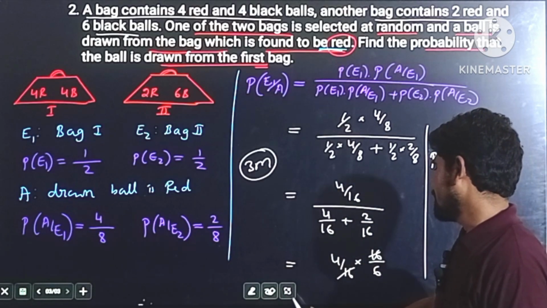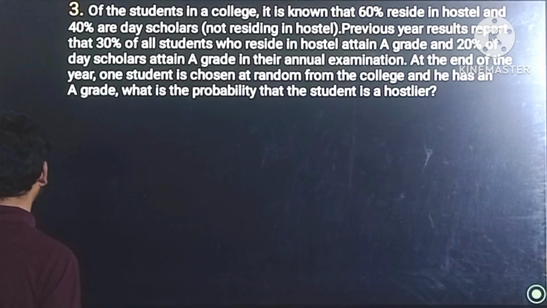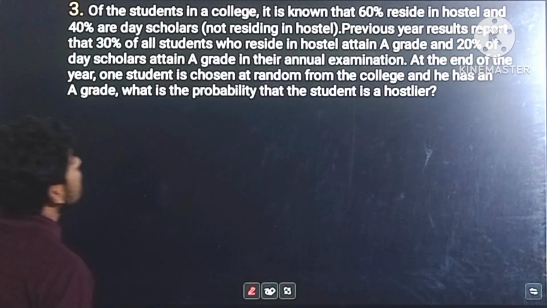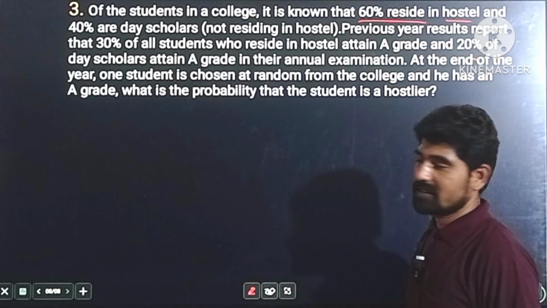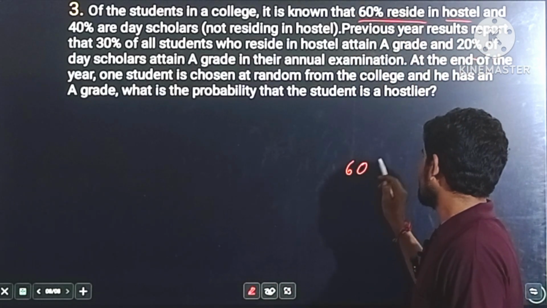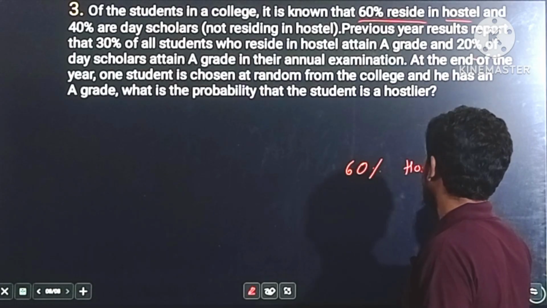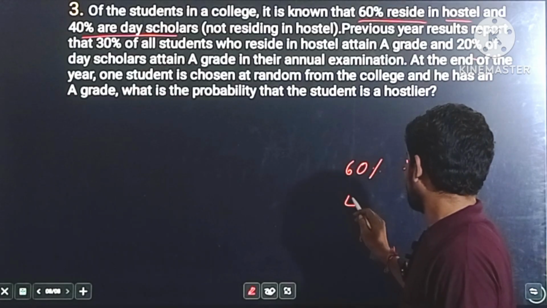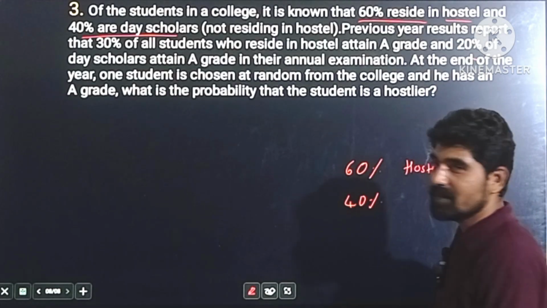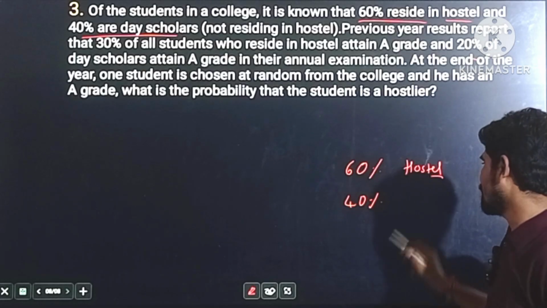Now let's start the next question. Of the students in a college, it is known that 60% reside in hostel. So in a college, 60% of the students are staying in hostel and 40% are day scholars. 40% day scholars means the students who are not staying in the hostel; they are localite students.